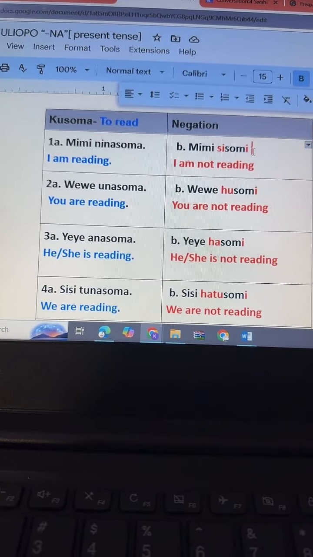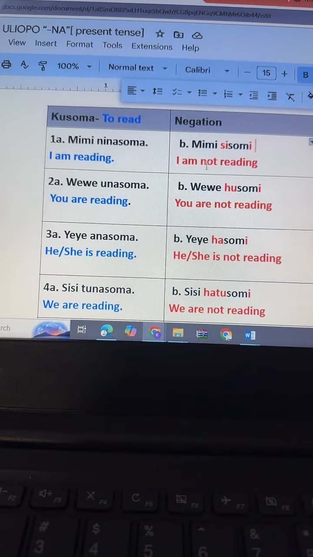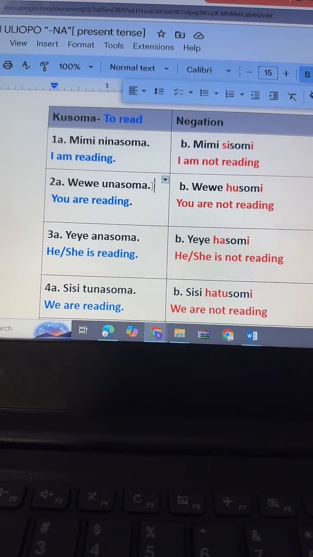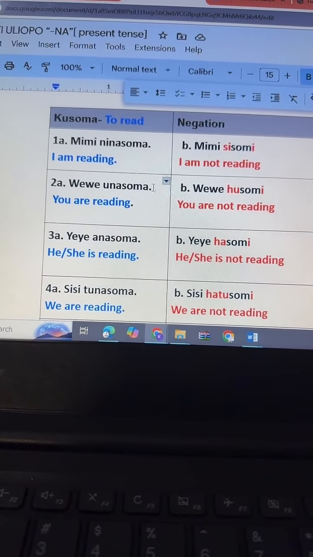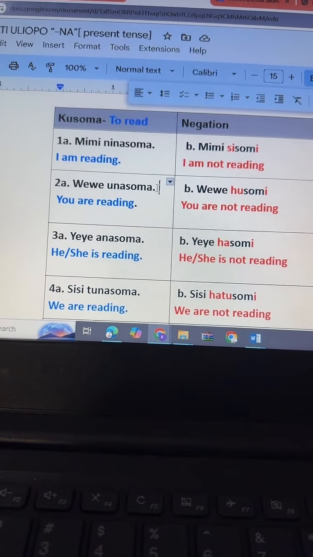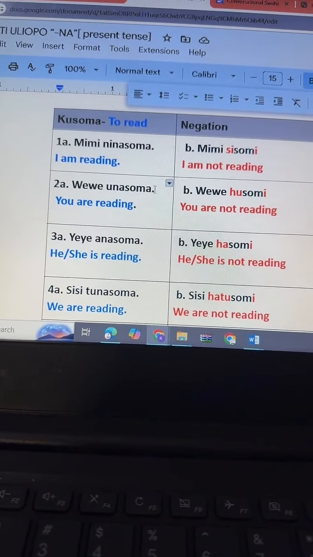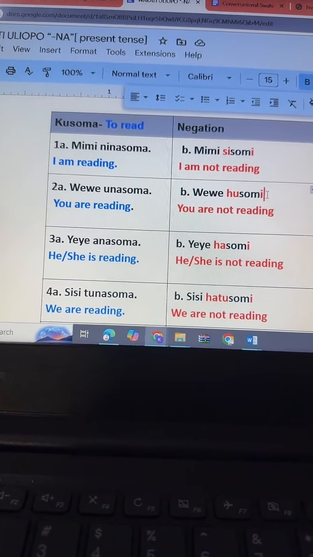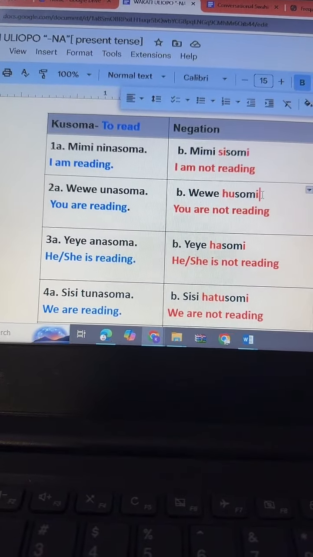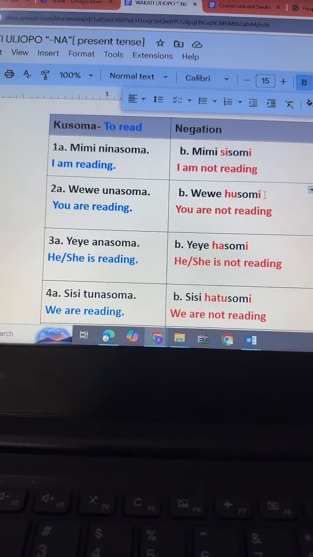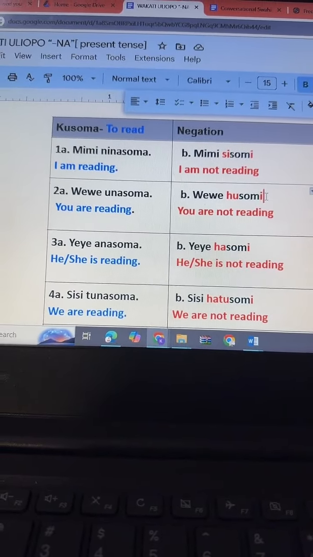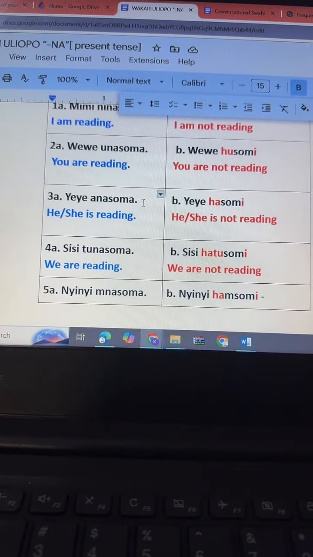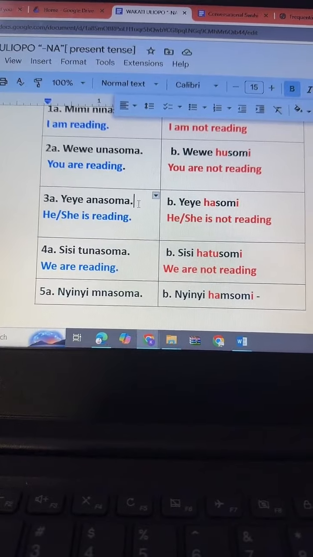Mimi sisomi. Wewe unasoma, you are reading. You want to say you are not reading? Wewe husomi, you are not reading. Number three, yeye anasoma, he or she is reading.